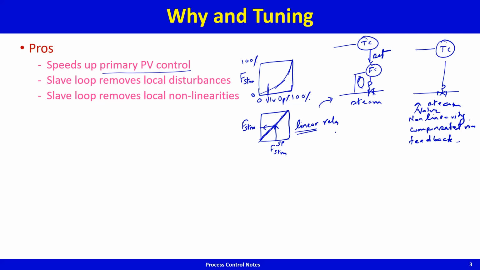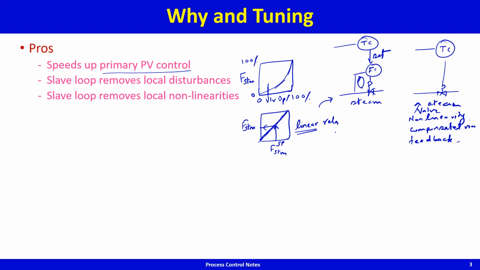So the slave loop, through its control action, has removed the nonlinearity for the temperature controller. It's not that the nonlinearity has disappeared, it's just that the slave loop is compensating for the nonlinearity fast enough so that the master temperature loop doesn't see it.